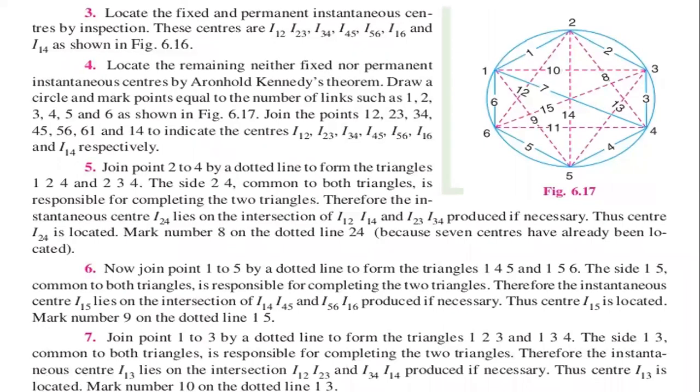Thus the instantaneous center of 1 3 is produced. So the I13 instantaneous center is located. So mark it as number 10 on the dotted line 1 3. So we mark it as 10.